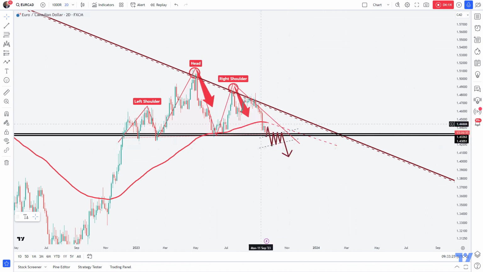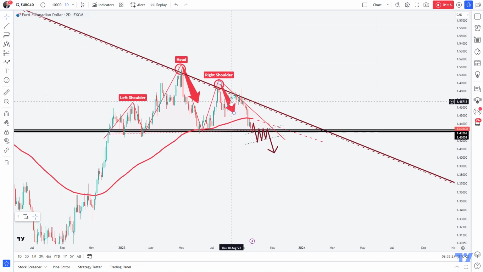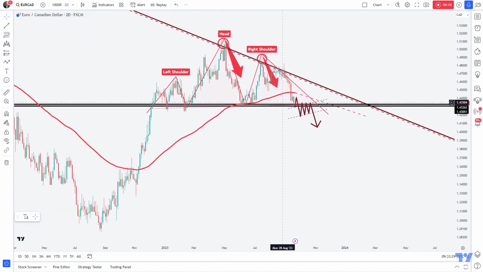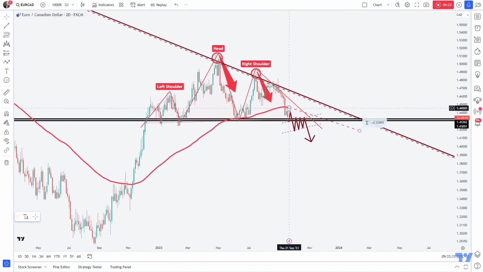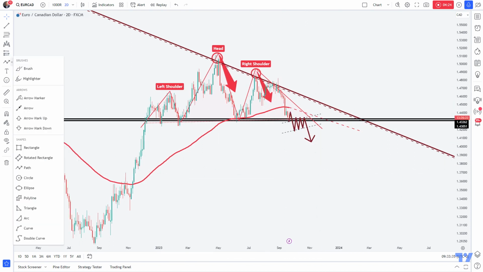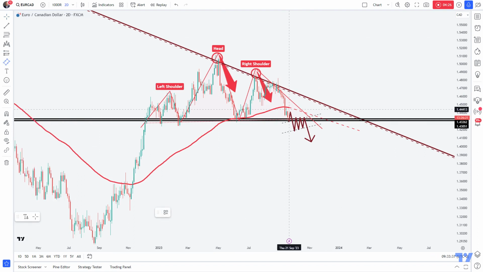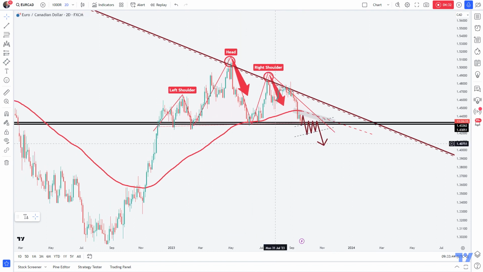EURCAD has broken below this 100 EMA, and this means that this is actually also already a crucial setup which EURCAD already confirmed here, as it broke below the 100 EMA, and now this is actually a major crucial heavy resistance for EURCAD because it is pulling back several times from this 100 EMA.